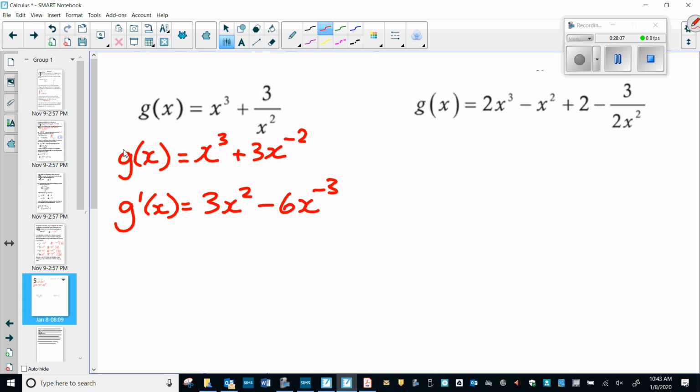Is there anything that needs rewriting? Yes, Elaine, how am I going to rewrite this up? The first one stays the same. Second one stays the same. Yeah. And that one, which part has a power attached to it?